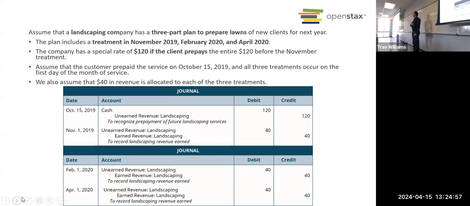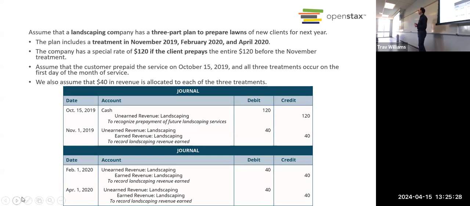So at this point, after April 1st, how much unearned revenue is on their books? If they had $120 credit and then 3 $40 debits to unearned revenue, 0, right? All that unearned revenue went away.